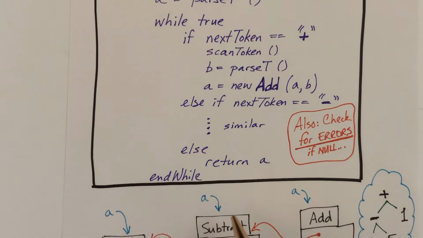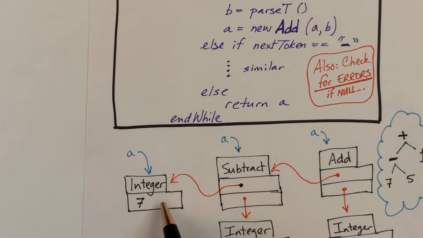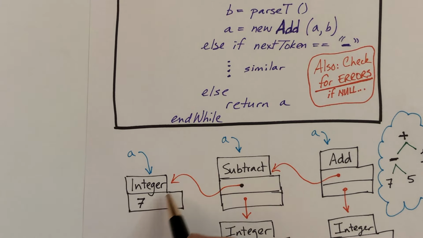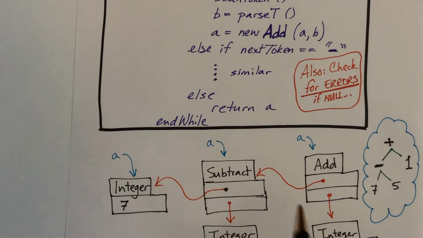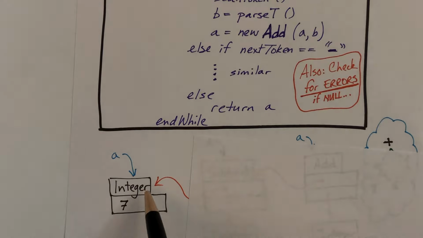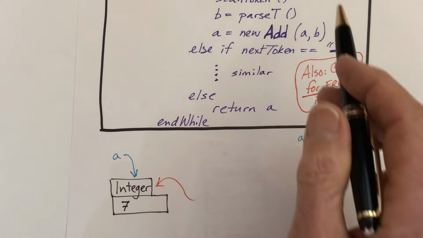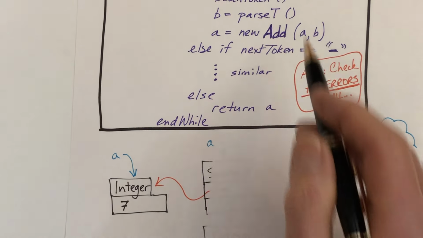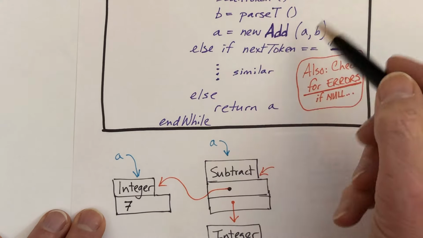So let's see how this thing works on a particular example. We're parsing our 7 minus 5 plus 1. So we start by calling parse t, and we pick up the 7. Okay, so that's what we get here. At this point, we've parsed the 7, and we've got A pointing to a 7. And we go into our loop here, and we see that there is a minus sign. So what we're going to do is scan the minus sign.